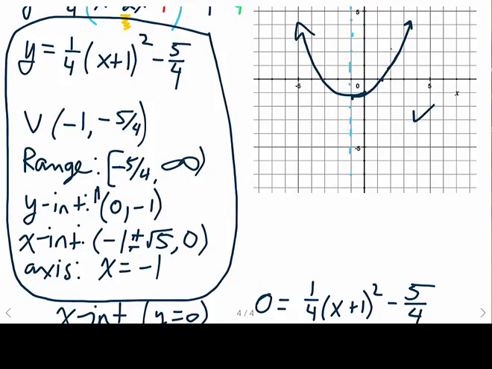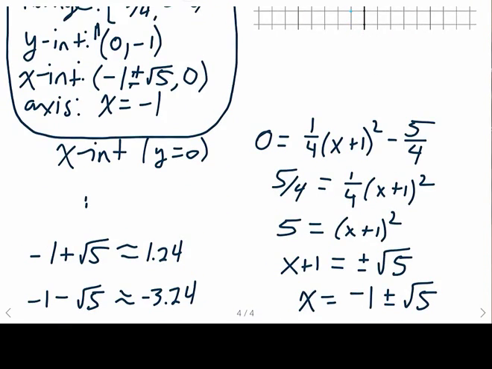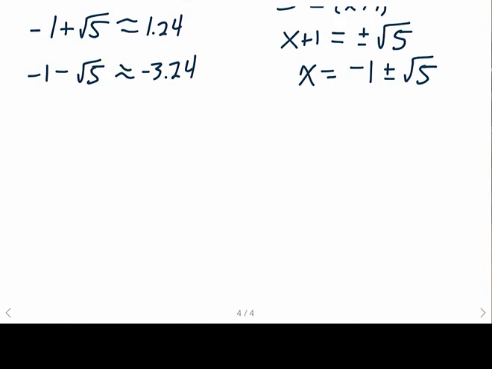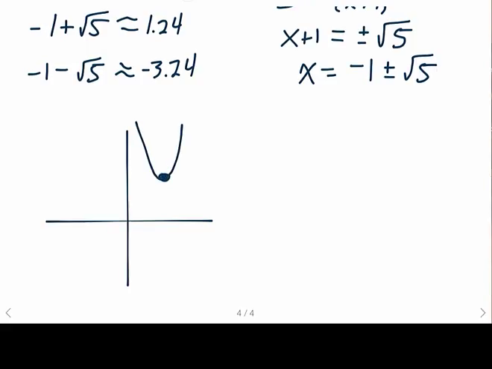I want to talk just briefly about the x-intercepts. Suppose I had a parabola with a vertex that was above the x-axis and it opened up. There are no x-intercepts. Or if I had a parabola, the vertex was below the x-axis and it opened down. Again, no x-intercept.